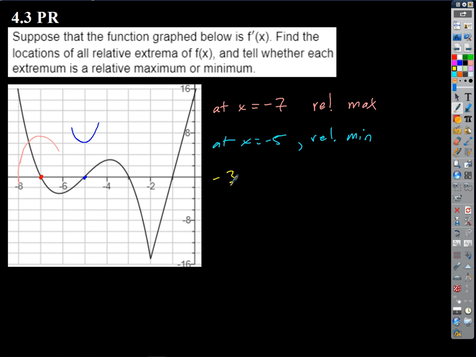So -3, once again, that's going to be a max, isn't it? Right? And at -1, that's going to be a min. Agreed? Okay?